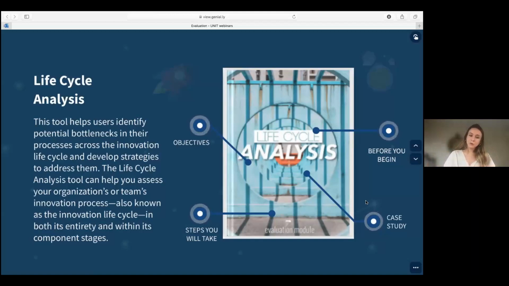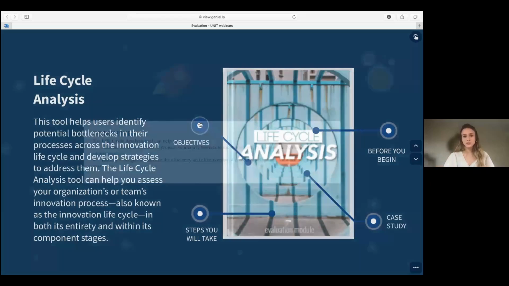And it supports you to assess both the whole innovation life cycle and specific stages of the innovation life cycle to see these challenges already mentioned.